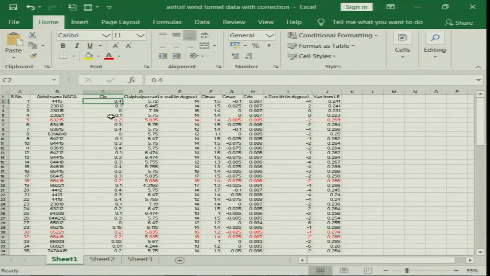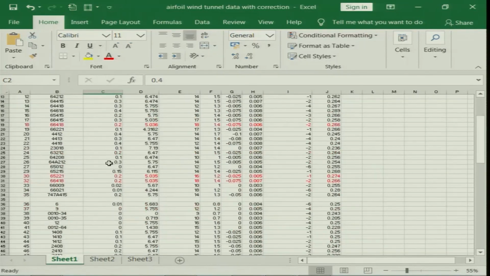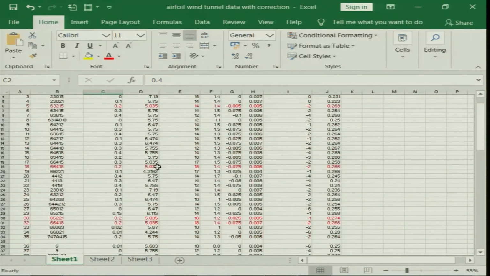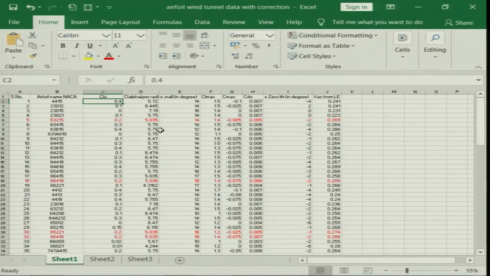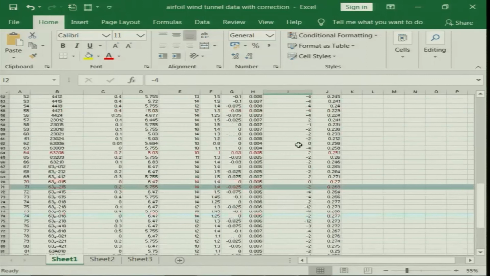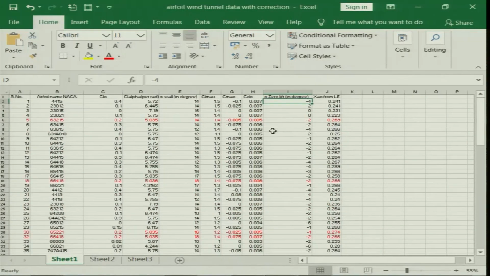You can find the CL naught values for these aerofoils, the CL alpha per radian, and also alpha at which CL is 0. You can select based on this, considering the corresponding L by D at that particular alpha. Hope you learned something from this exercise. Thank you.